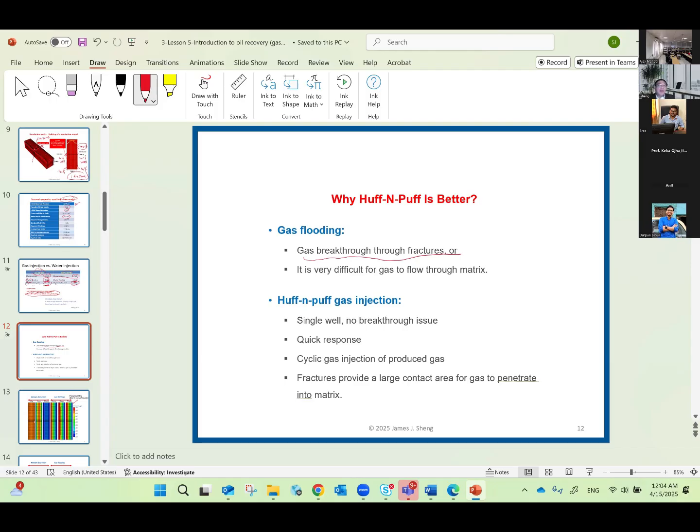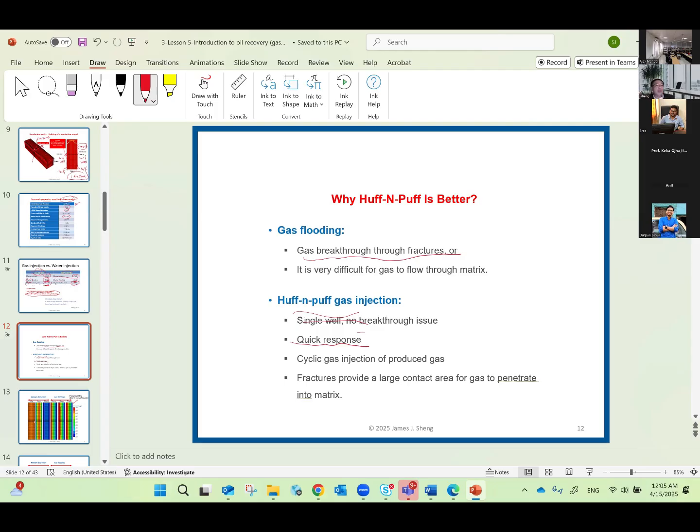What about Huff-n-Puff? Because you're using a single well, there's no breakthrough issue. And then you can quickly get a response. Because when you do the gas flooding, you need to drive oil from the injection side to the production side.